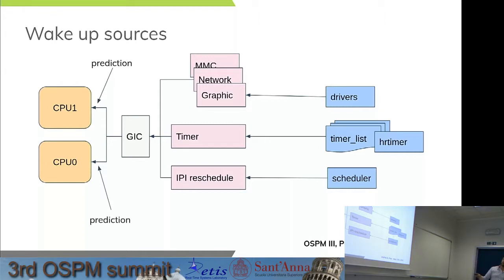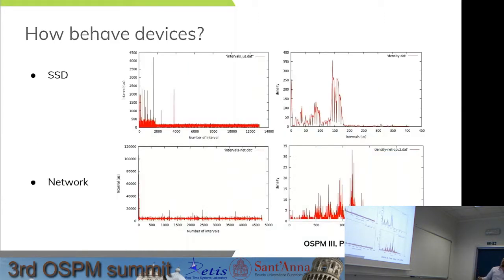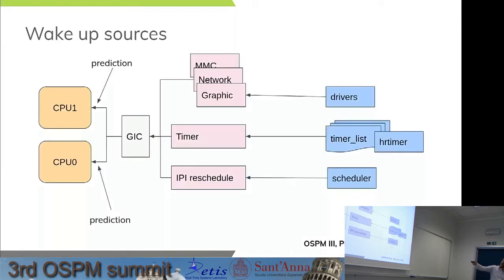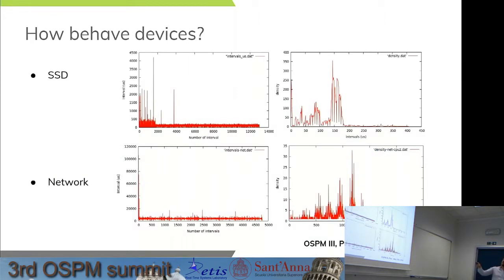So we don't really know what is the origin of the wake up. So if we try to analyze this group, and this group, the first group, the devices, we have this kind of behavior.